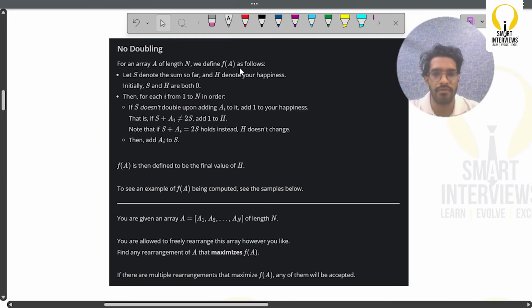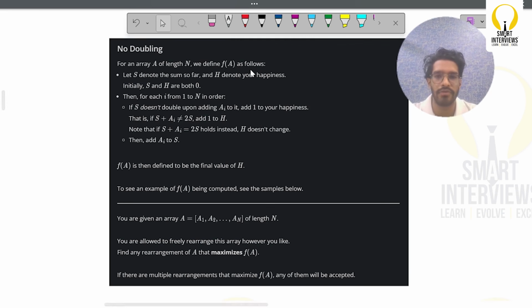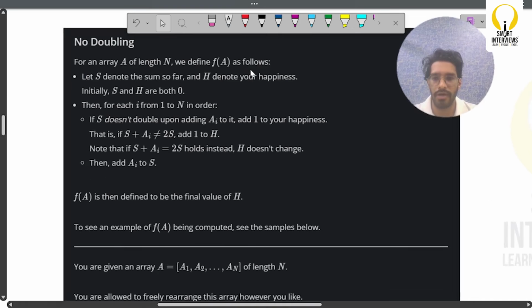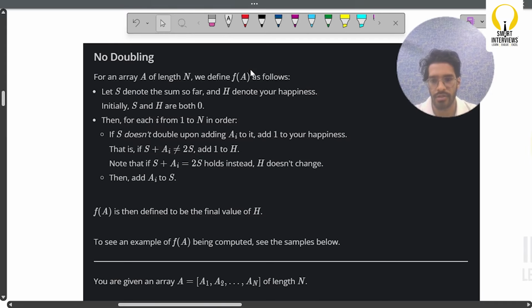We define f of a as follows. So they are giving array A of length n, and they are asking us to define f of a. In order to define f of a, we have to follow a few things. Let's say S denotes the sum so far and H denotes the happiness. Initially we can consider both S and H as zeros.